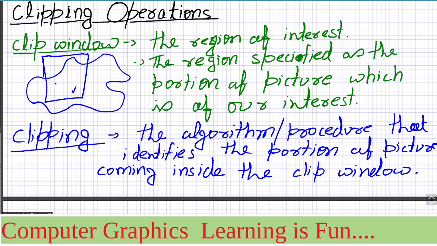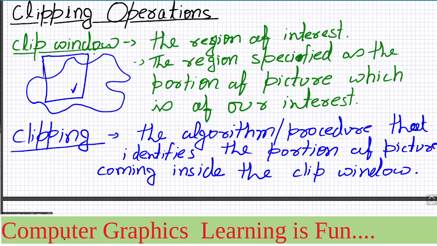Maybe for other operations other things may also be done, but the clip window is something which will help you in recognizing the portion of the total image, the full image. This portion is of our interest.